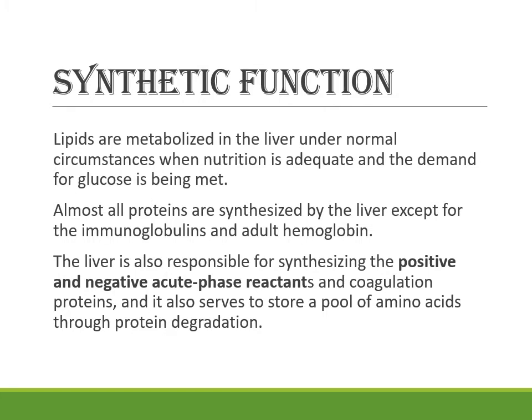So aside from carbohydrate metabolism, the liver is also capable of lipid metabolism, and almost all proteins are being synthesized or formed by the liver, except for the immunoglobulins and your adult hemoglobin.